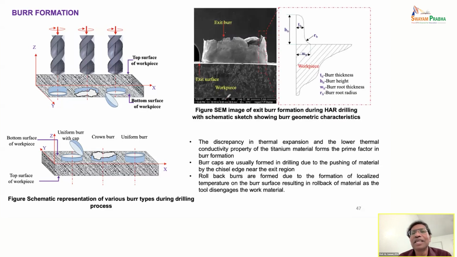Here, this is the way the burrs will look, but we can decrease them and avoid that if you are using the texturing. You can see these kind of things which will be happening. Usually, even if you go to a workshop and take a hole which has been drilled, if there are materials like aluminum or even titanium, this phenomenon is very, very prominent.